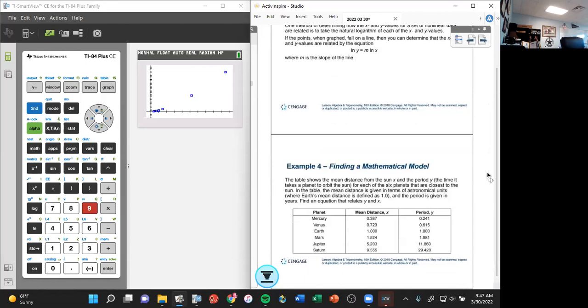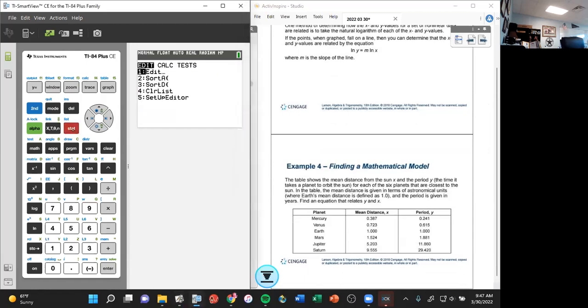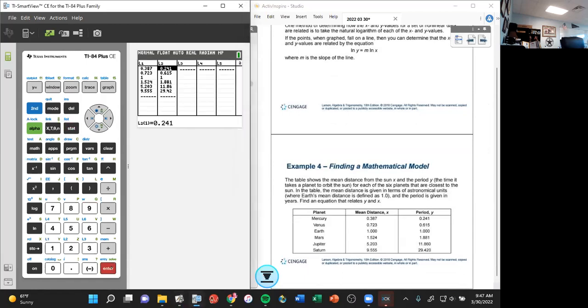Go back to stat. Edit. I don't want to change my data. What I'm about to do is use L3 and L4. So pay attention up here. I'm going to arrow over to L3, but I don't want to actually type anything there. I'm going to arrow up. I want this column to be the natural log of this column.